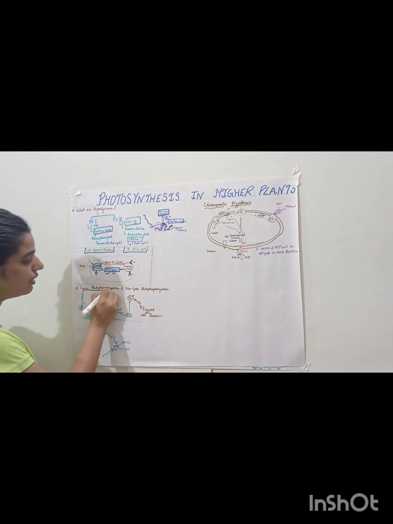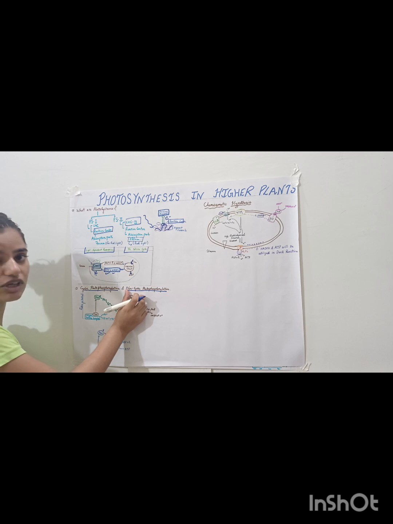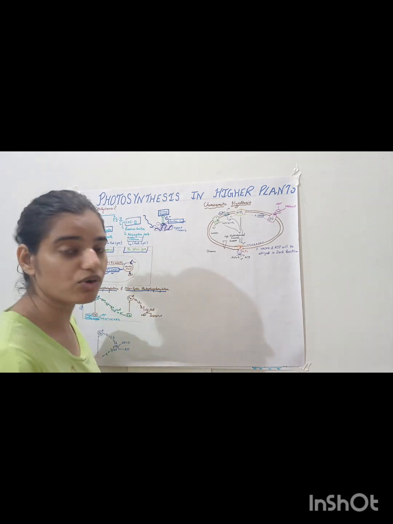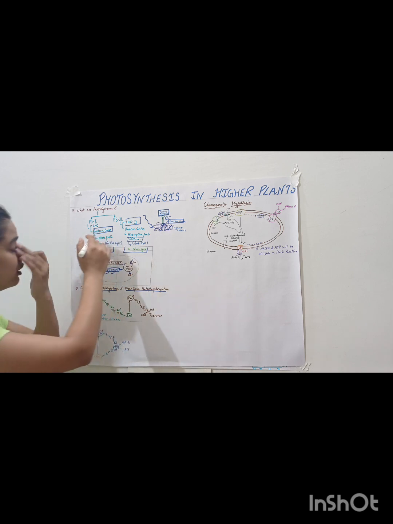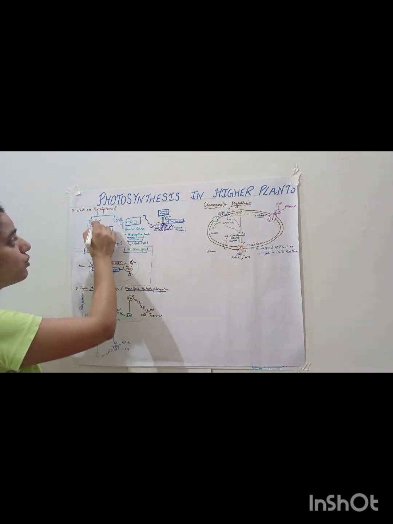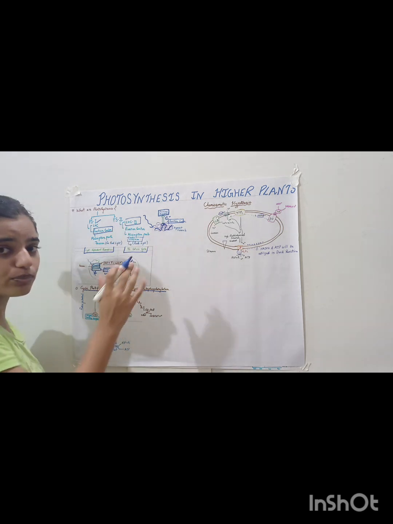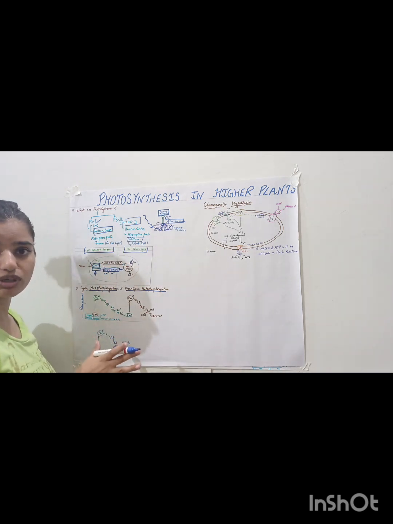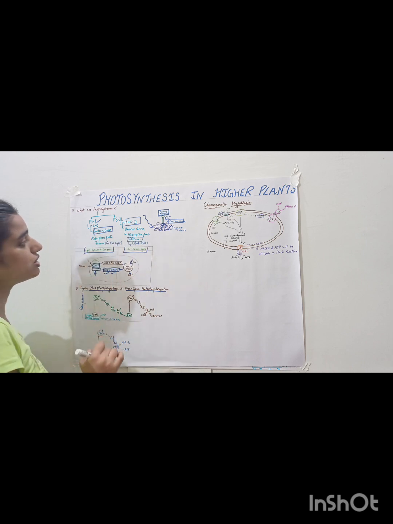So we will learn the process of non-cyclic photophosphorylation and cyclic photophosphorylation. As we learned, we have two photosystems, photosystem 1 and photosystem 2. The whole process of non-cyclic photophosphorylation starts with photosystem 2 and then goes to photosystem 1.